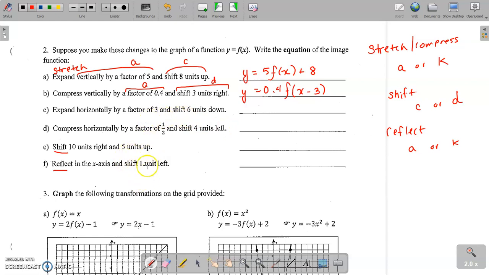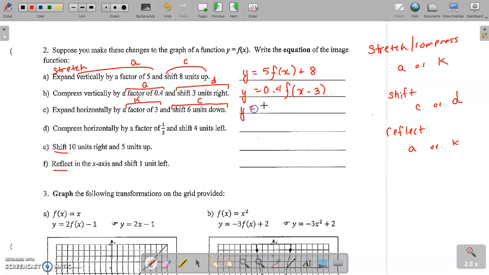So why don't you pause the video and determine what values affect what. Actually, I'll just go over the next one. When we stretch horizontally by a factor of 3, that's your k value, but your k value is actually 1 over that. And shift down, just to complete that, is your c value.